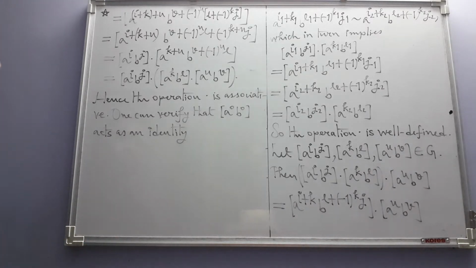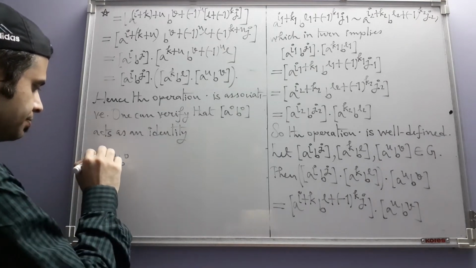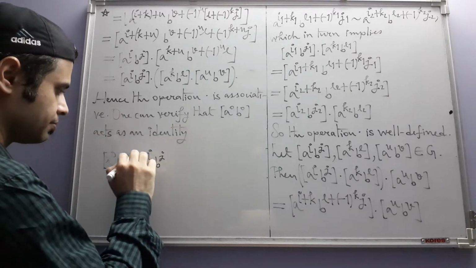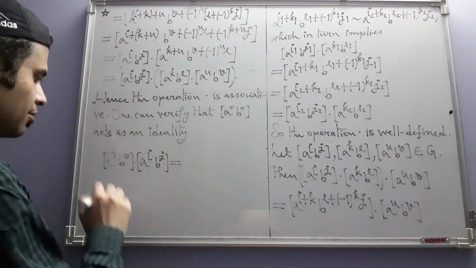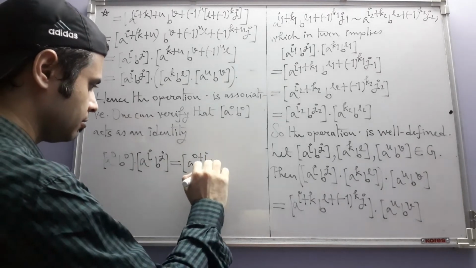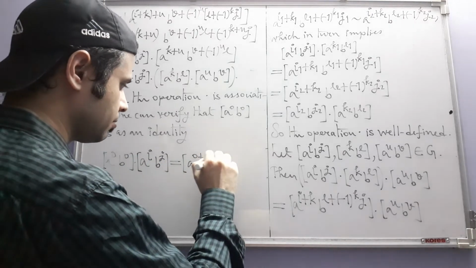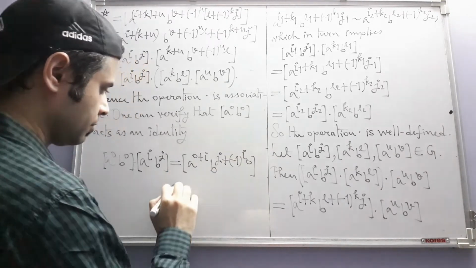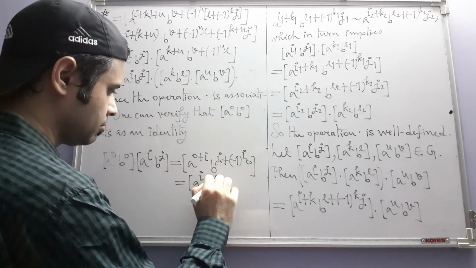One can verify means, let us just quickly see whether that is the case. Say we take a^i b^j. Now according to our definition we will have a^(0+i), b^(j + (-1)^i times 0). And this turns out to be a^i b^j.